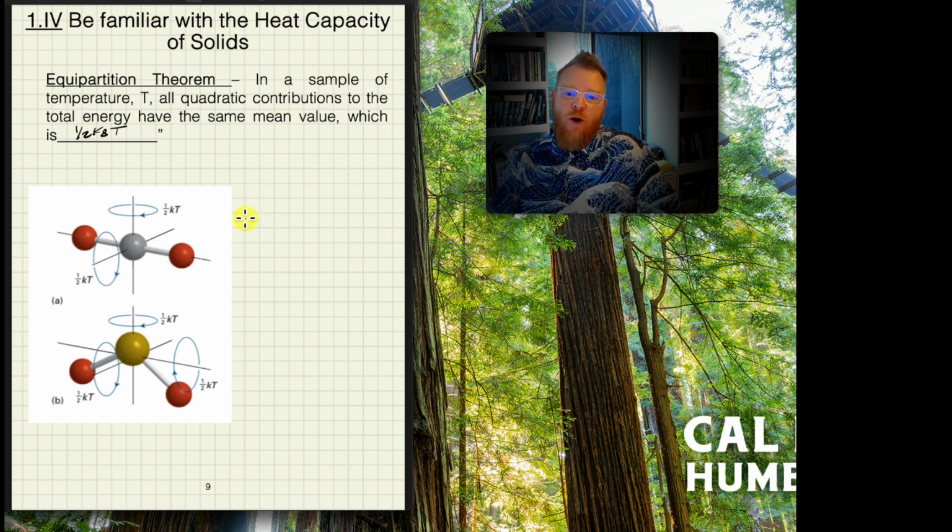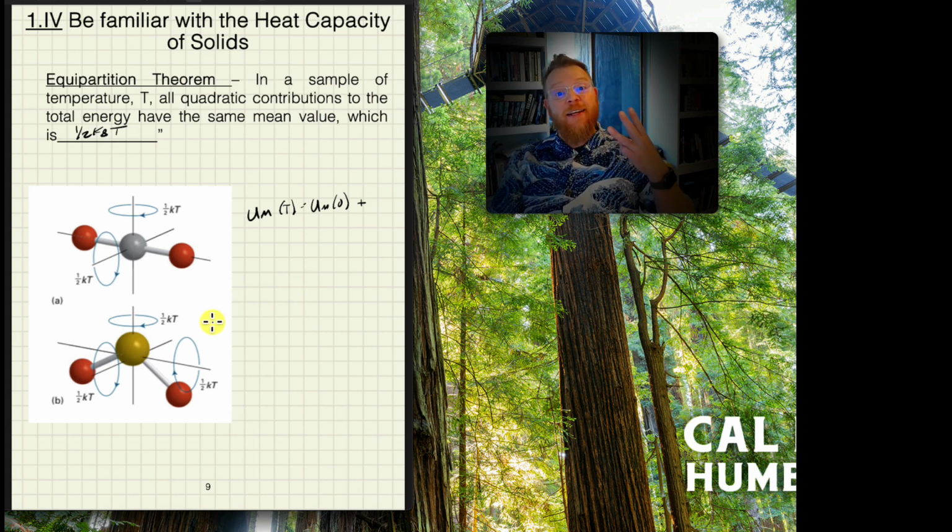And if you recall, the internal energy as a function of temperature will go as our 0-point energy, UM0, plus, and now we've got to add up all of those degrees of freedom. So remember, we have 3 translational degrees of freedom, 1/2, 1/2, 1/2. Then we're going to add in these 2 rotational degrees of freedom, another 1/2, 1/2.